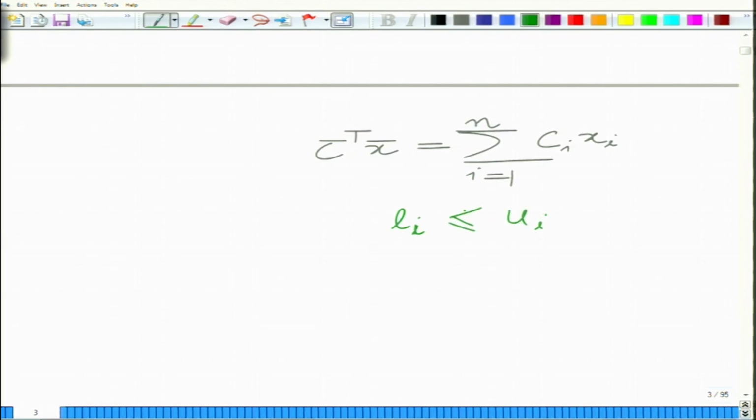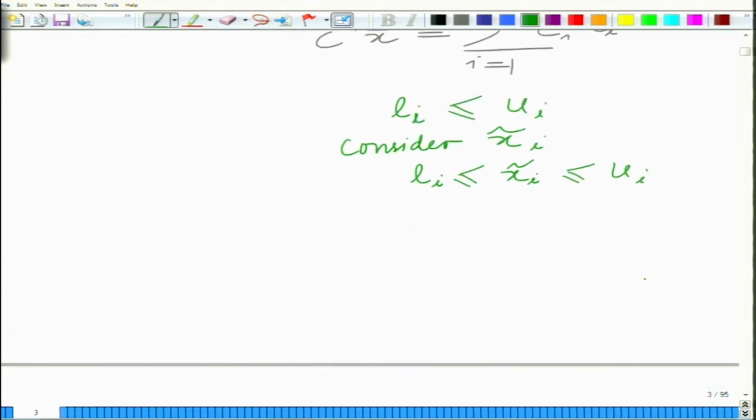Now, consider any x tilde i such that li is less than or equal to x tilde i, less than or equal to ui, that is, any x tilde i lying within this interval. Now this implies something very interesting.